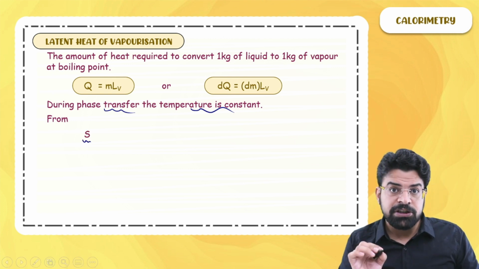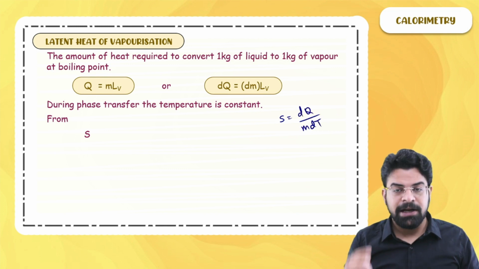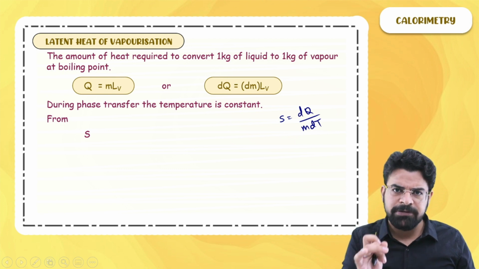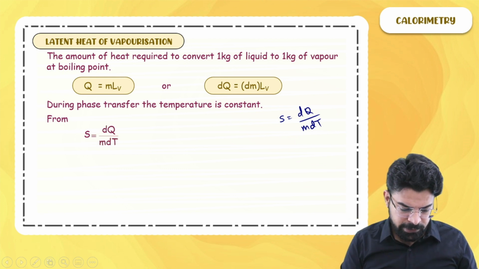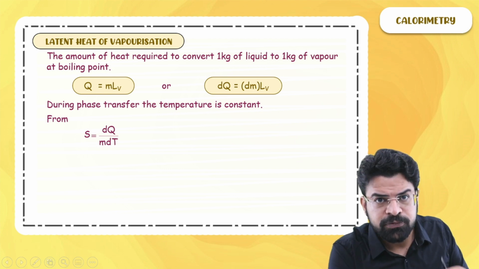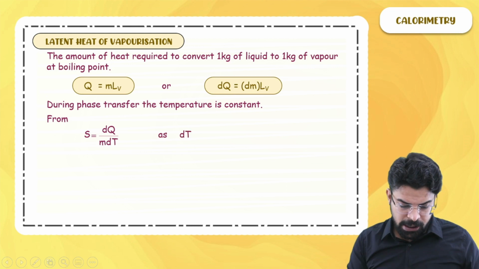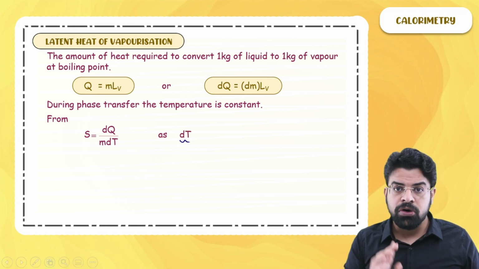From the basic definition of specific heat, we know that specific heat equals dQ by m dT. So dQ equals m s dT. During the phase transformation process, whether from solid into liquid or from liquid into gas, temperature does not change.